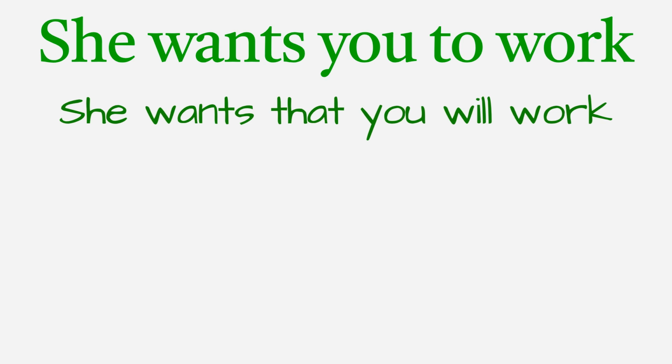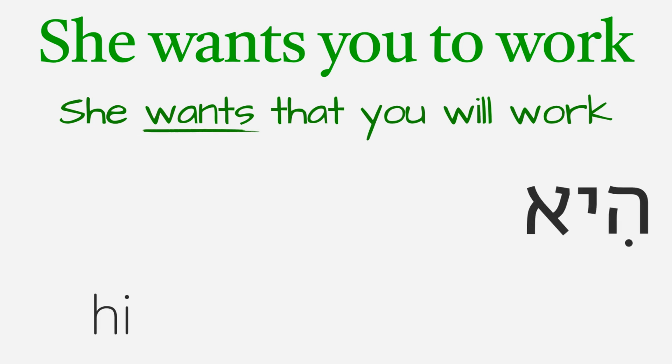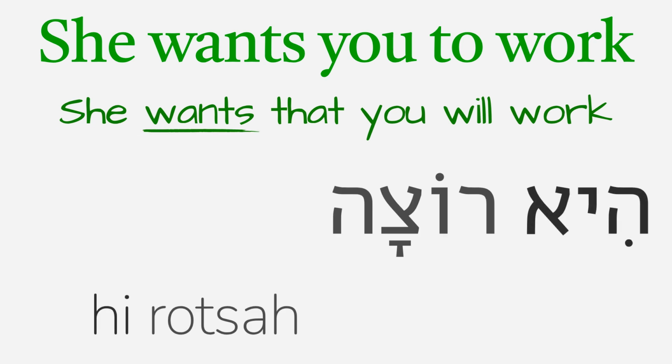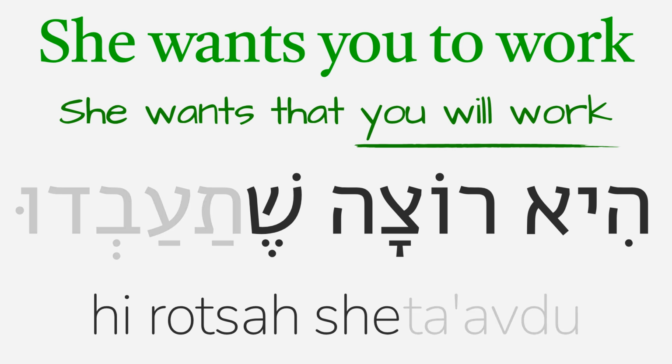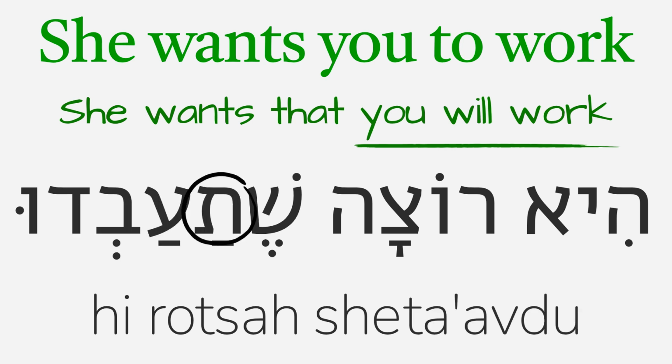In Hebrew, to express wanting someone to do something, the structure is want that someone will do something. So this sentence in Hebrew will literally be, she wants that you will work. Let's say that the you is masculine plural. So she will be hi, wants will be the feminine singular form of the present tense rotsa, that is she, and you will work in masculine plural form will be ta'avdu, with the tav prefix and u ending.